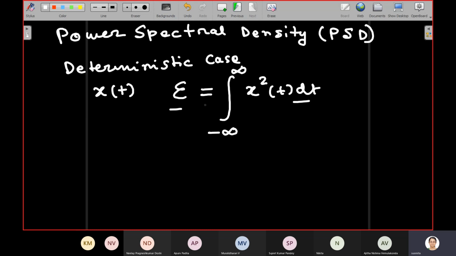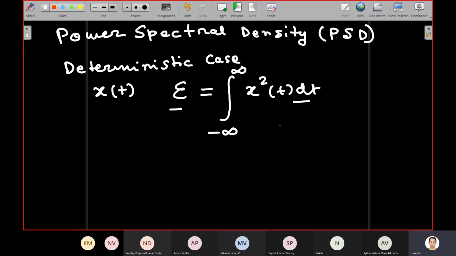What is the problem with this definition? If you have a signal which extends up to infinity, which does not decay over time, it has infinite energy. For example, if you consider a periodic signal, a sinusoidal signal, which exists all the time, it does not decay with time.